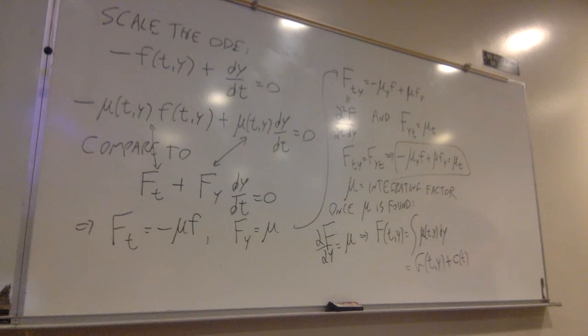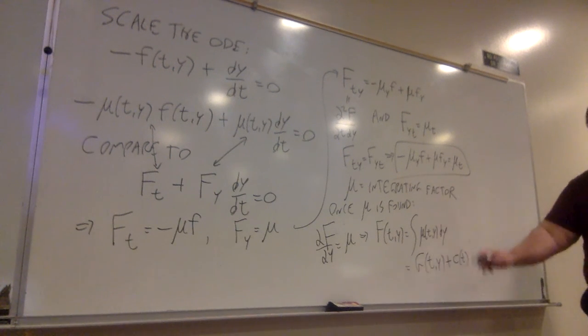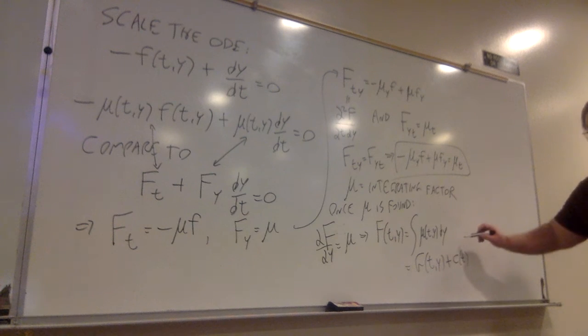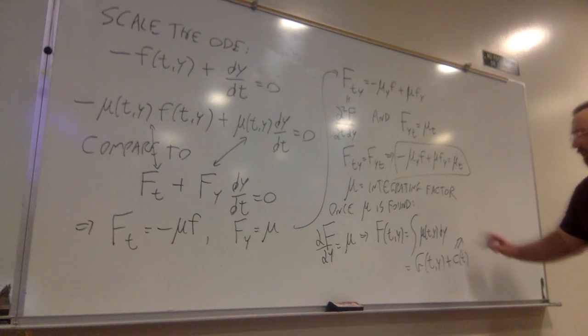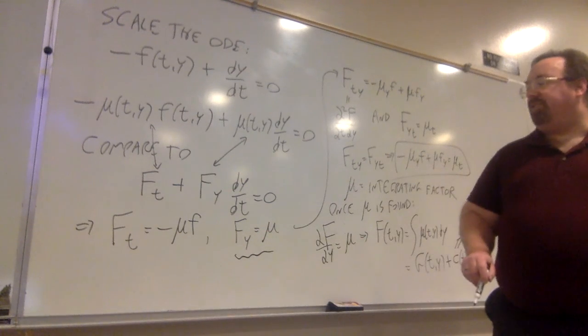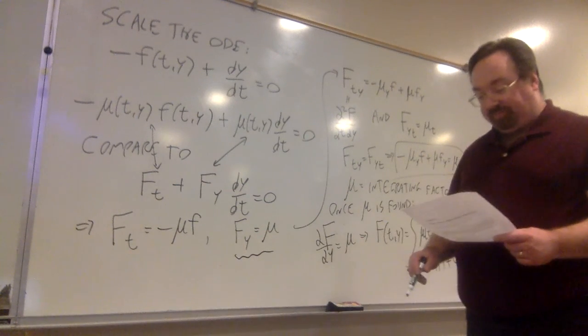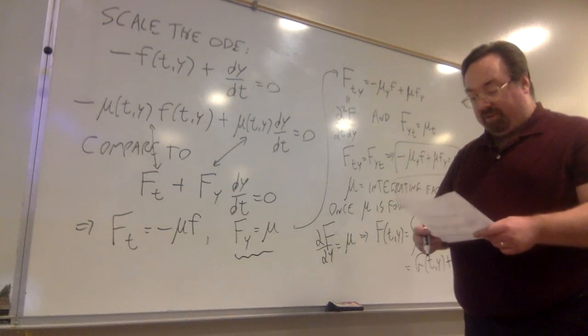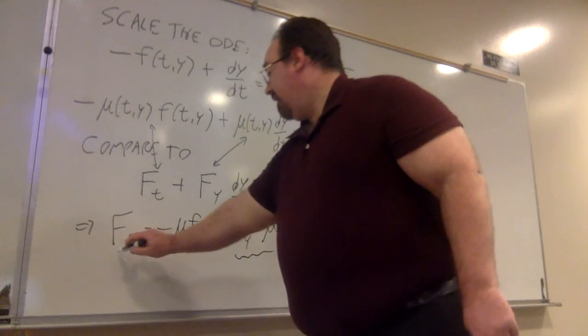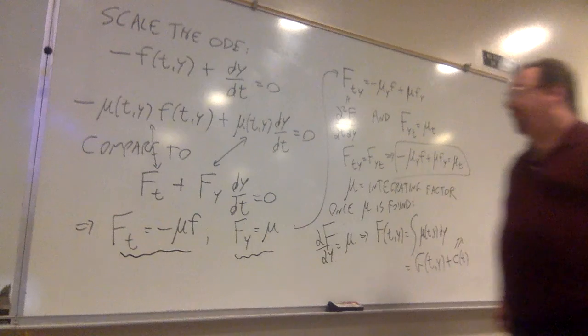Okay. And at this point, if mu is found, everything here is known, except this constant of integration that isn't really a constant. But that's okay, because so far I've only used this equation. I still haven't used this one.